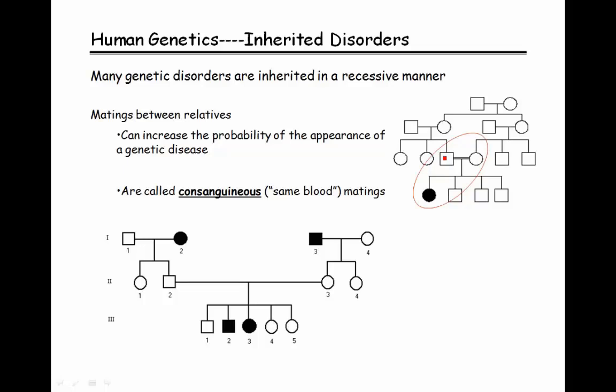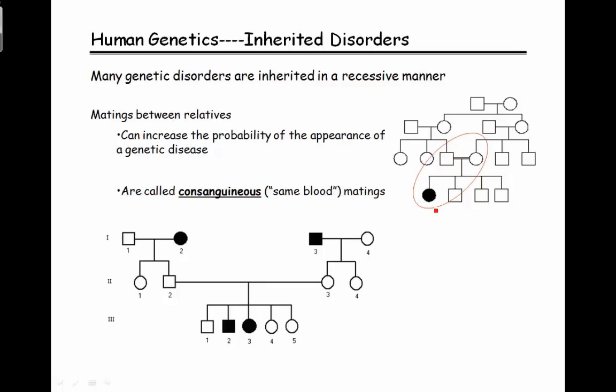However, since there are so many genetic disorders out there, the chance that you are a carrier for the same genetic diseases as some other person that you would randomly meet in the human population is pretty slim. It does happen because we do end up with some individuals that have, say, sickle cell anemia and some people that have cystic fibrosis and so on. But it is fairly uncommon that you are going to be a carrier for the same diseases as someone that you randomly meet. However, the people that are going to be carriers for the same ones as you are the people that are closely related to you.